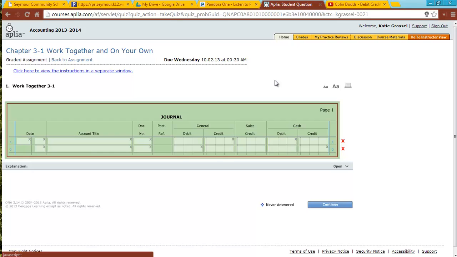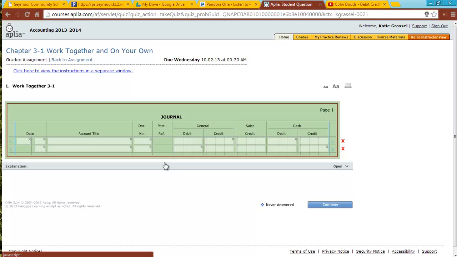So what we have here is three special columns for numbers: sales credit, cash debit, and cash credit. What happens if I was going to affect supplies? Where would it go? Capital. Accounts payable, Shopco.